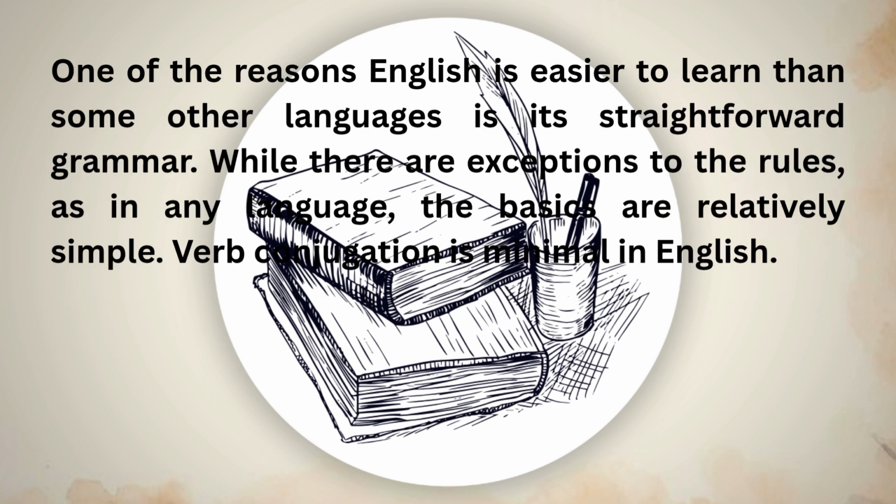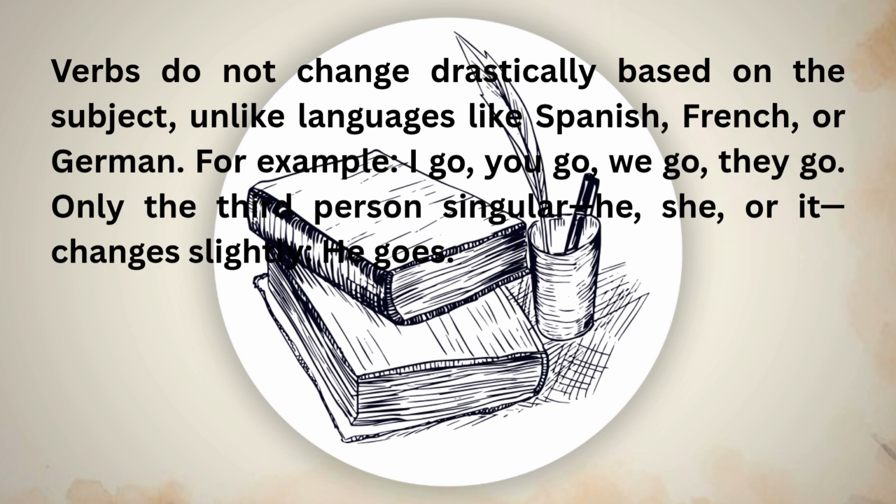One of the reasons English is easier to learn than some other languages is its straightforward grammar. While there are exceptions to the rules, as in any language, the basics are relatively simple. Verb conjugation is minimal in English. Verbs do not change drastically based on the subject, unlike languages like Spanish, French, or German.